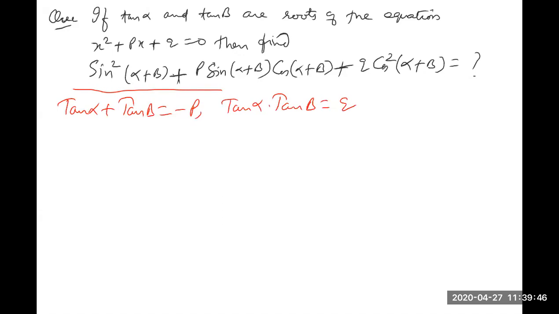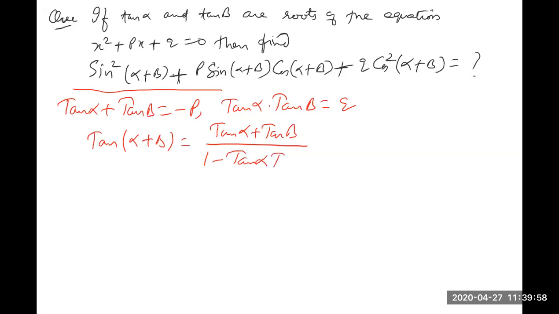These are given to calculate tan of alpha plus beta, because tan of alpha plus beta is equal to tan alpha plus tan beta upon 1 minus tan alpha tan beta. So it is minus p upon 1 minus q, which is equal to p upon q minus 1. Half part is over.